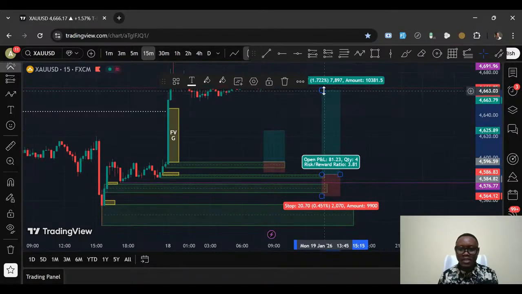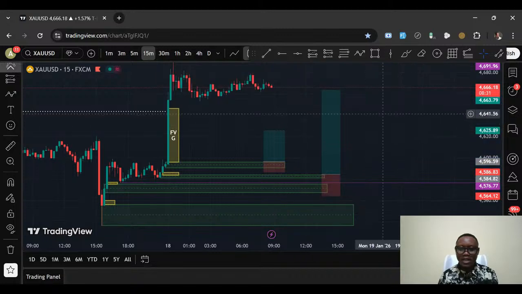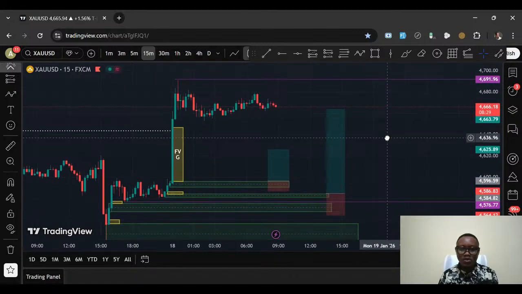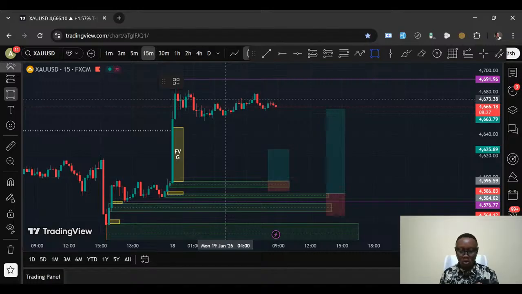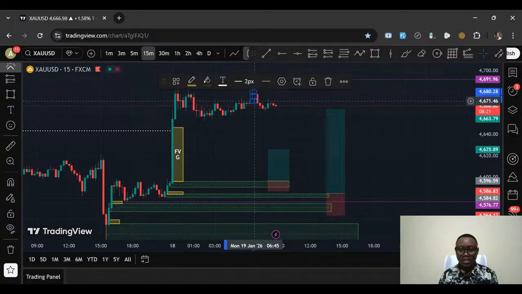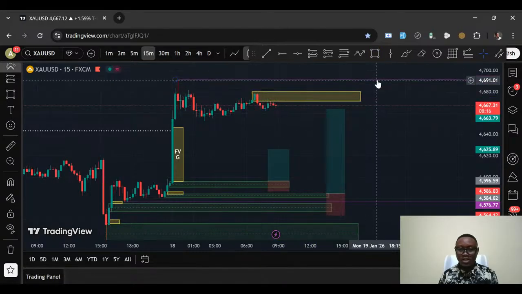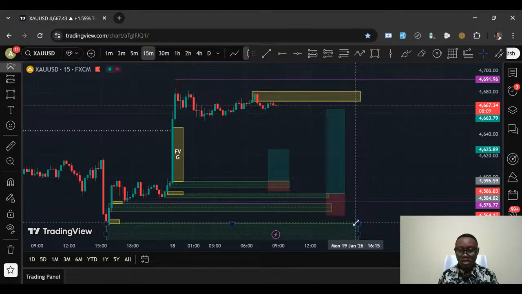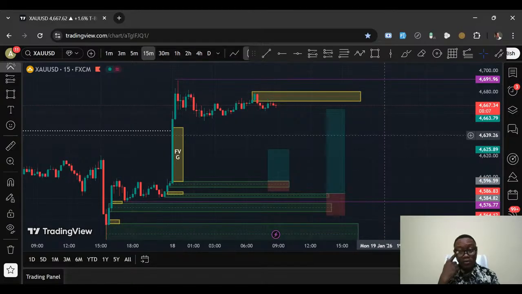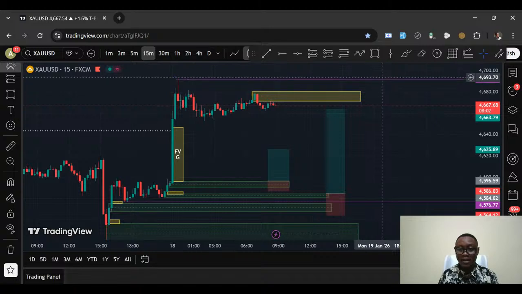Then for my TP, yes, I can target the next supply zone, which is this whole zone here. I don't want to target this resistance level just yet because I believe that until price taps into this zone, that is when we can have a more massive bullish move strong enough to take out this high.